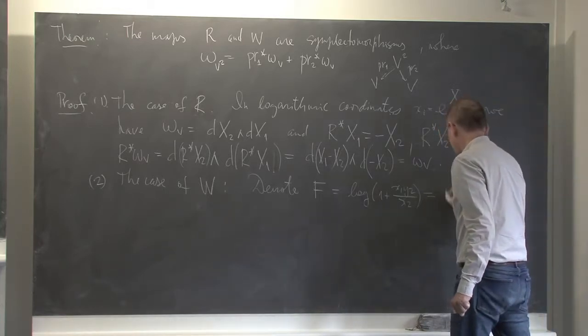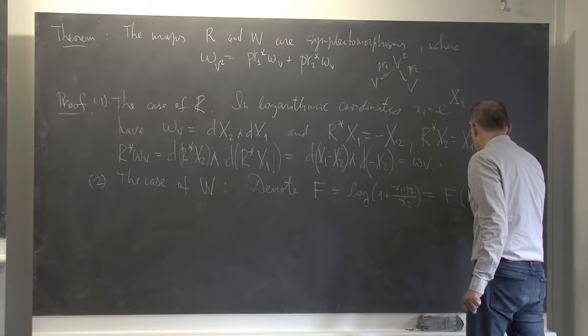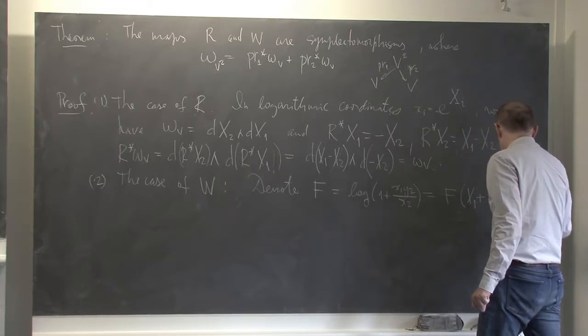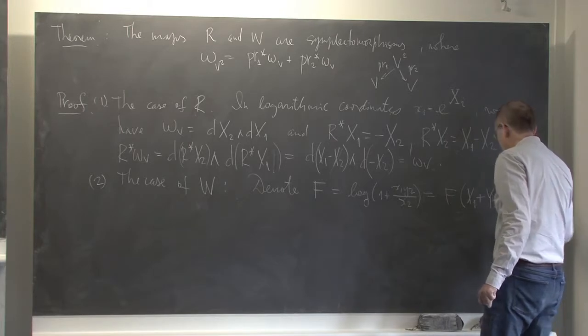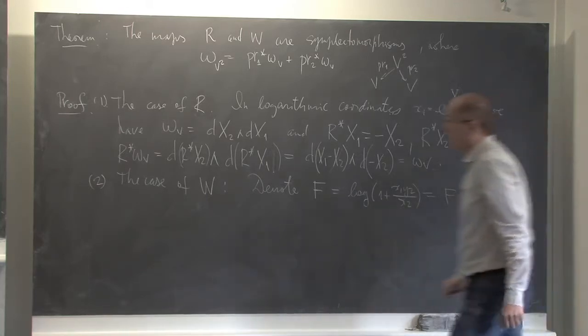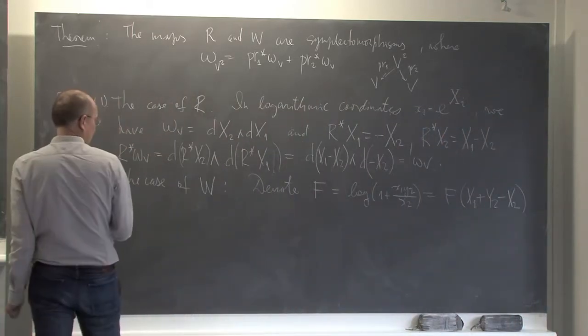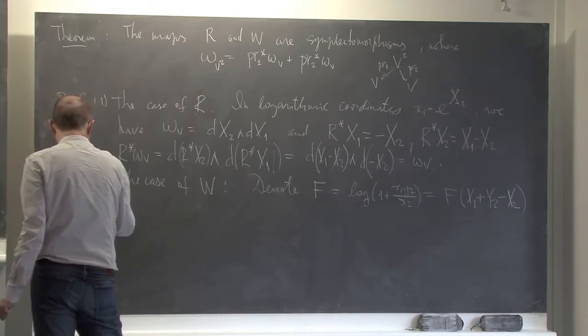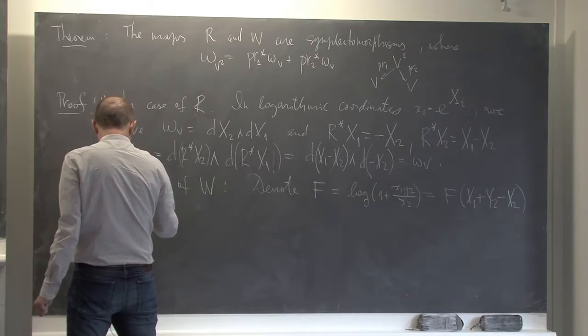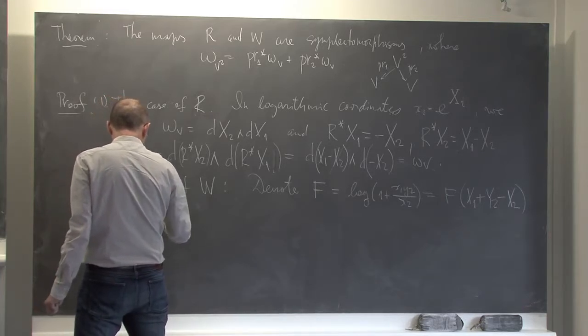So which is a function of capital X1 plus y2 minus capital X2. So it's a function of one single combination of coordinates. Then what we have? Then W star of x1.